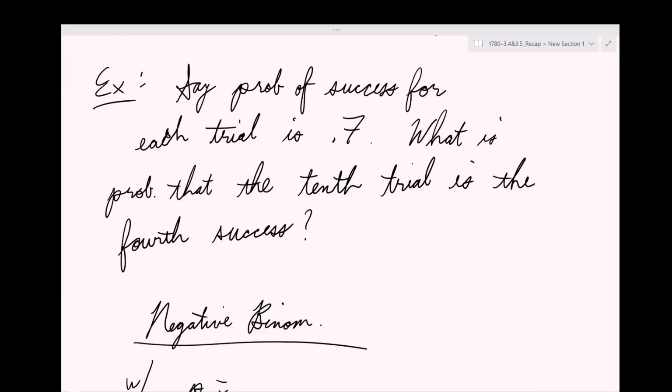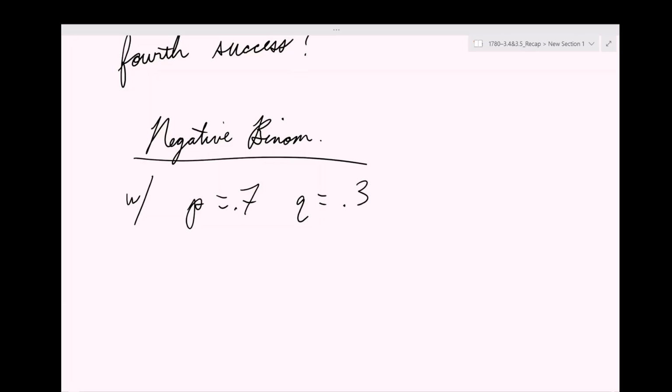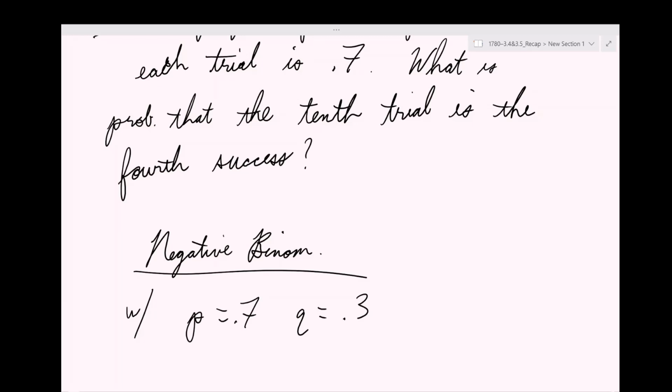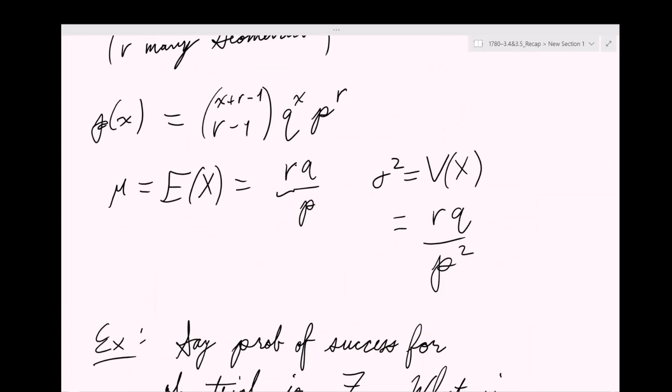Once again, we just said 0.7. My q would be 1 minus that, so 0.3. And now we have to be careful. The probability that the 10th trial is the 4th success. Okay, so I'm counting up to 4 successes. That's my r.